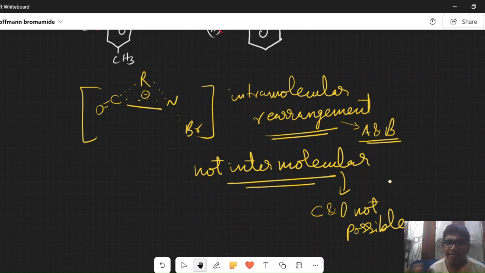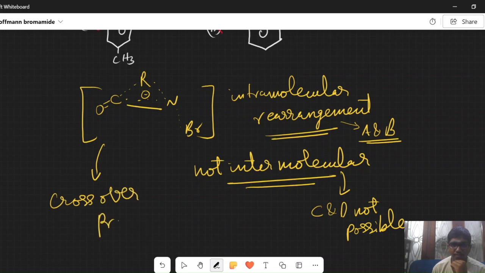And finally, the confusion was resolved by combining both steps into a single step, which forms a cyclic transition state. So crossover products are not formed. This is a very important experimental evidence. Crossover products can't be formed.